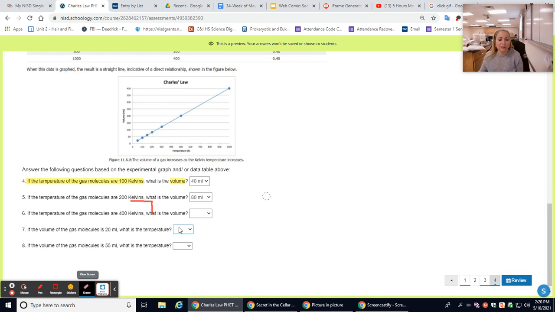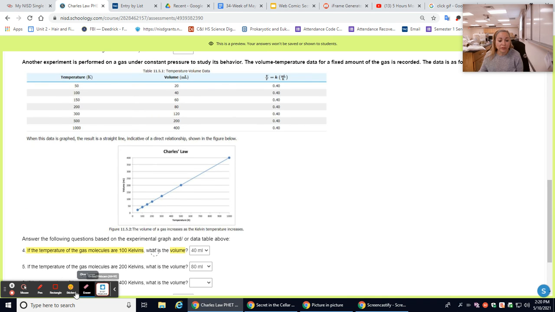Now let's look at the next one. The temperature of the gas is 400 kelvins. What is the volume? If it's 400 kelvins, we know it's in between here because this is kelvins, right? So 400 is around here, between 120 and 200.